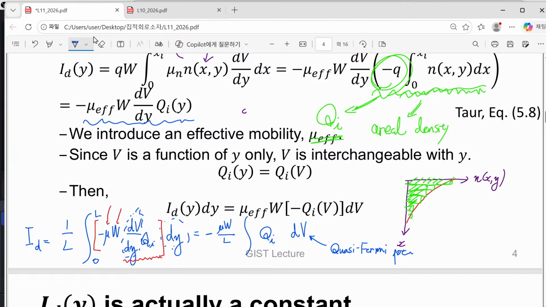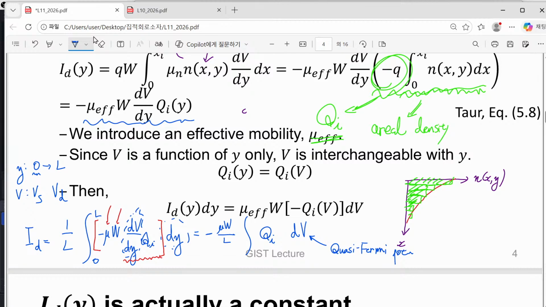Previously, when we changed our y value from 0 to L, what was the change of our quasi-Fermi potential? What is the quasi-Fermi potential at y equals 0? Source. It was the source voltage. And what is the value of our quasi-Fermi potential at y equals L? I mean the drain. That corresponds to the drain voltage.